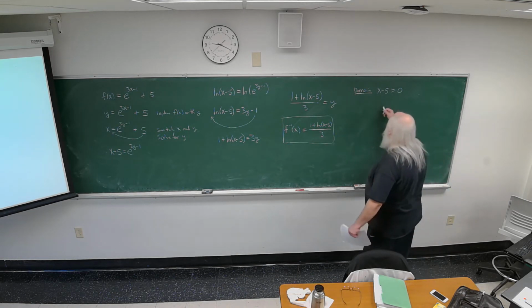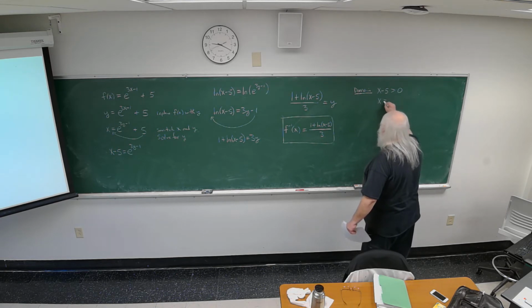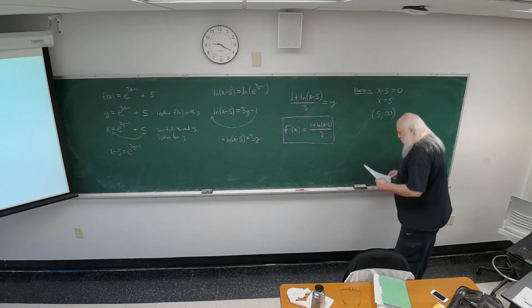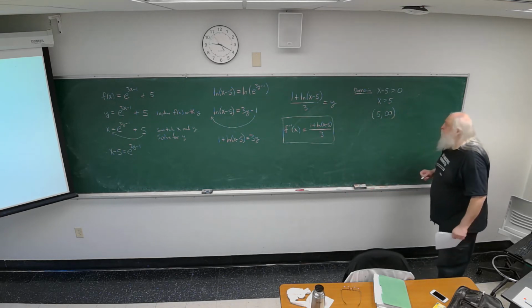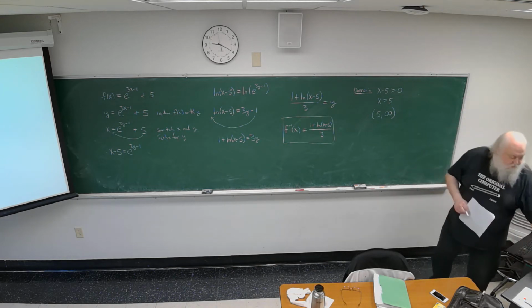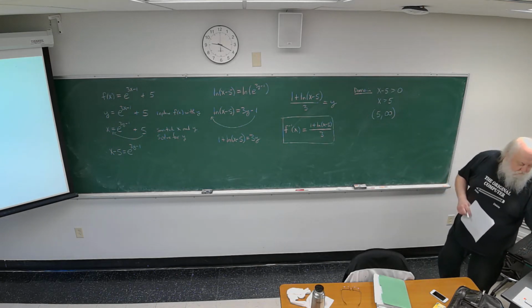And then when you solve for x, you add 5 to both sides, you get x is greater than 5. So the domain is all real numbers greater than 5. So that's what you put in down here.